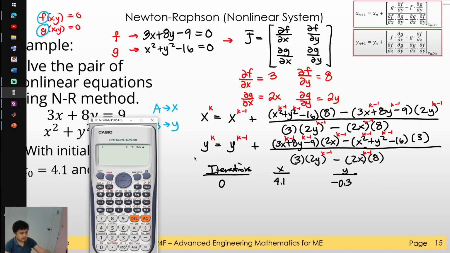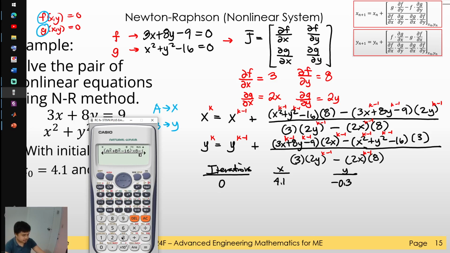So let's set up the iteration function. So we have a plus, for the first equation, a squared plus b squared minus 16 times 8 minus 3a plus 8b minus 9 times 2y.